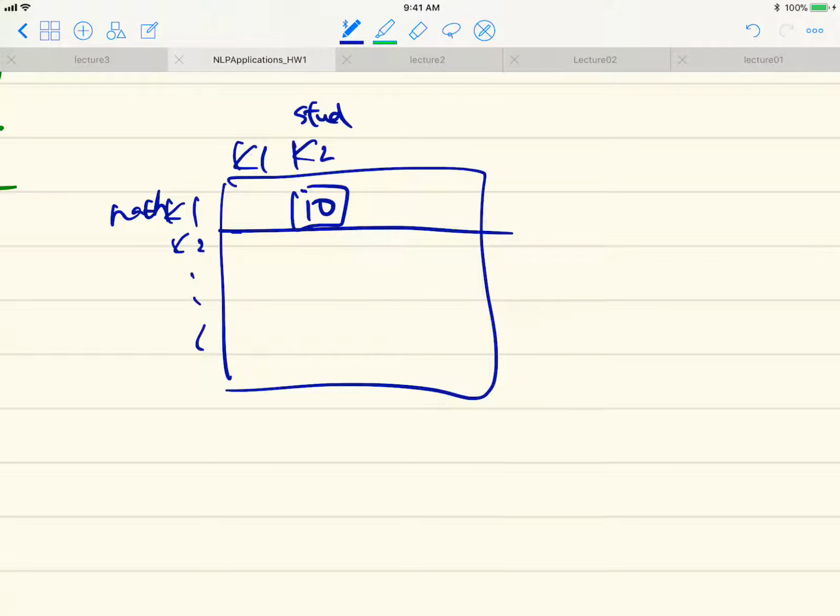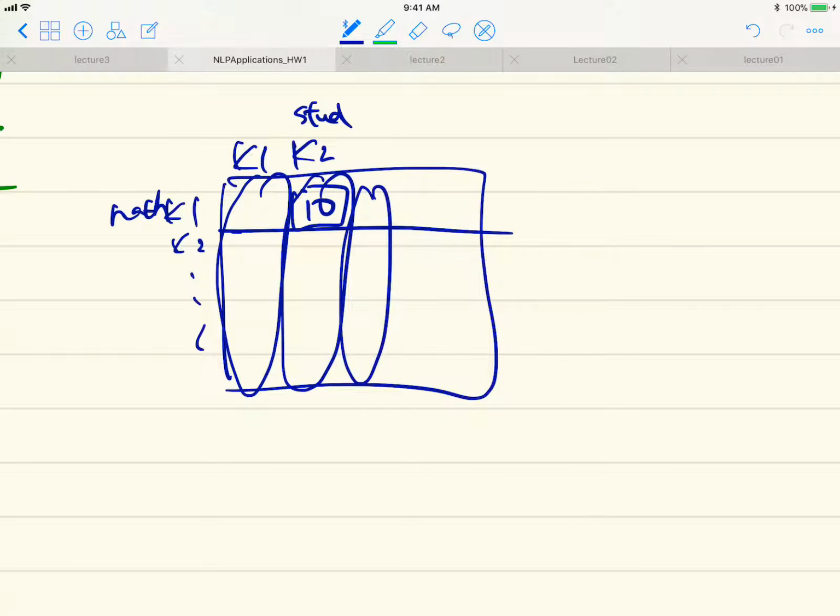So this one will be a symmetric matrix, and in this case, we can just use either columns or rows as our word embedding vector, right? But the size will be really large. The dimension is the vocabulary size, right?